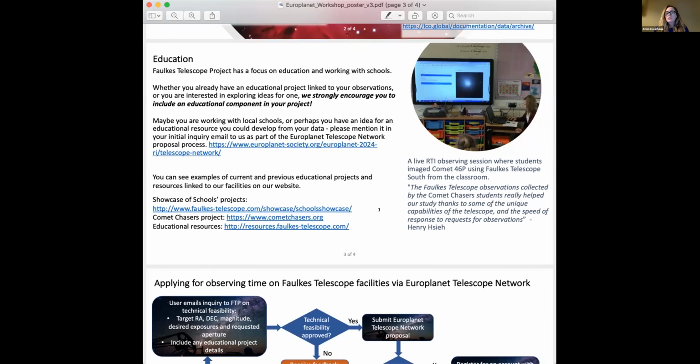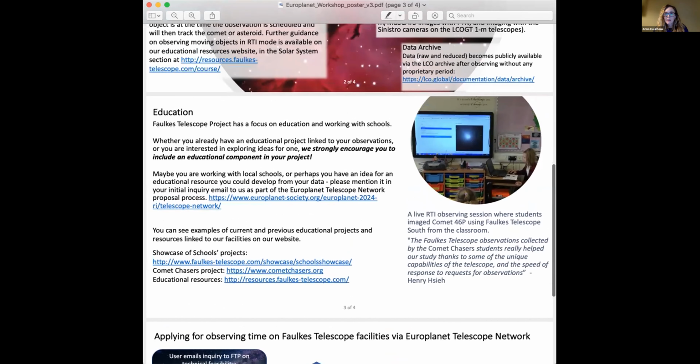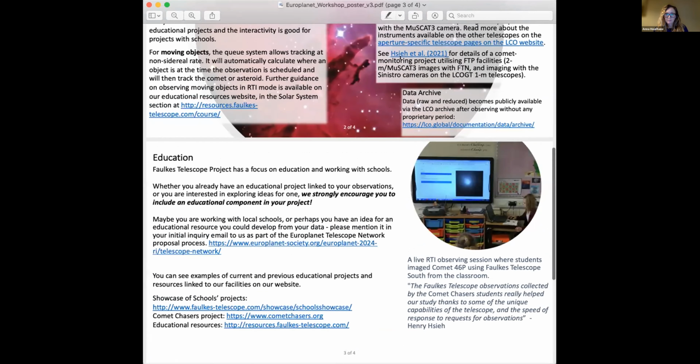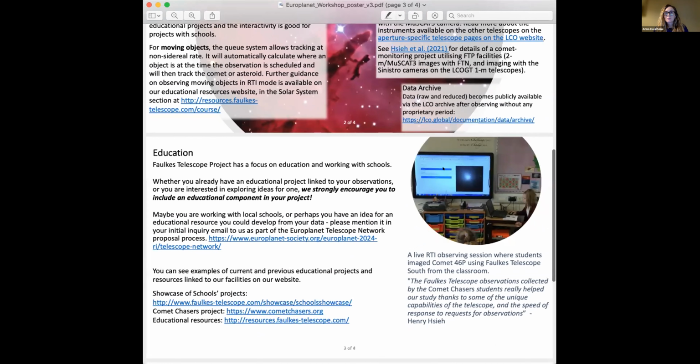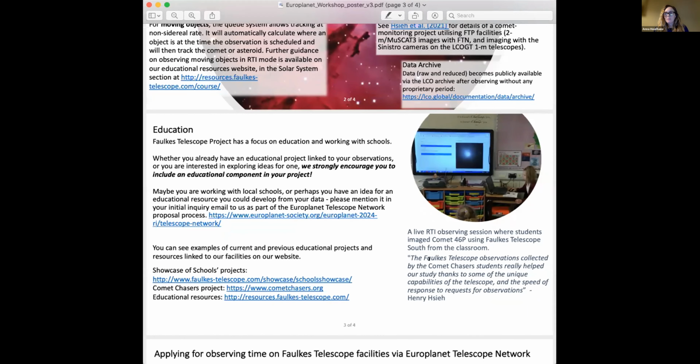For example, you could develop an educational resource based on your observations, and if you have any ideas, do get in touch about that. Recently a paper came out by Hizai et al. This was a comet monitoring project using FTP facilities. They used our 2-meter and 1-meter facilities.